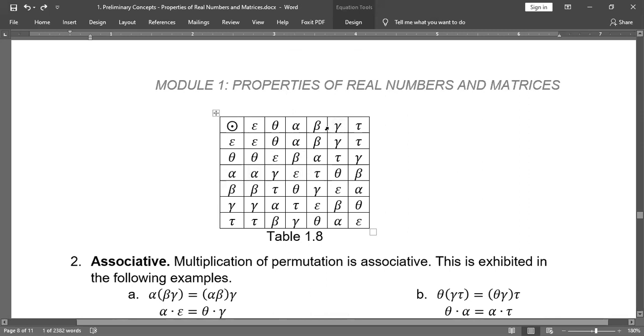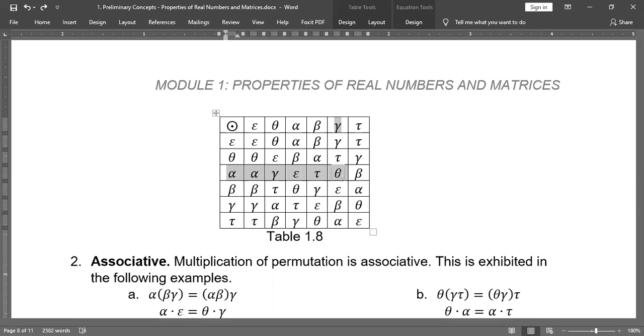Mali pala yung perspective ko. Nag-start ako dito, which is not. We should be starting dun sa row. Okay, so gamma times alpha is tau. And then, alpha times gamma, ito na yung tau.